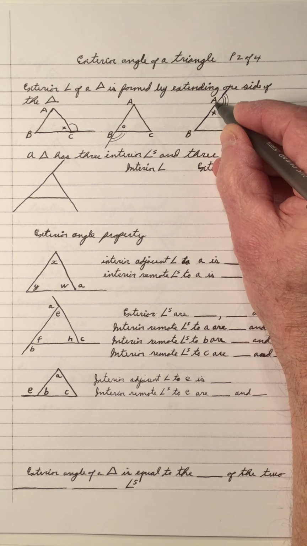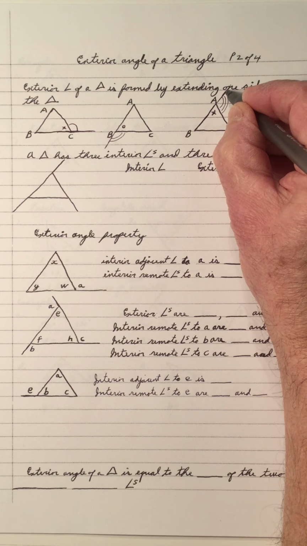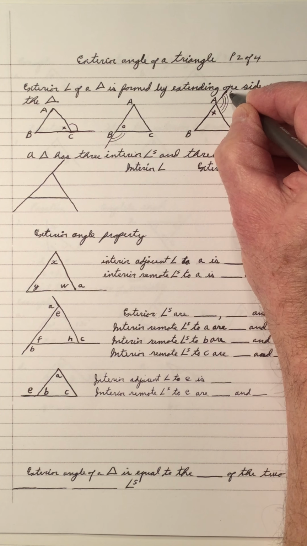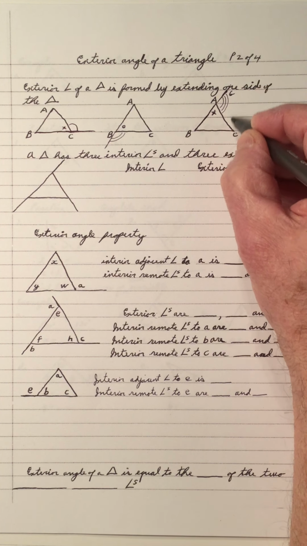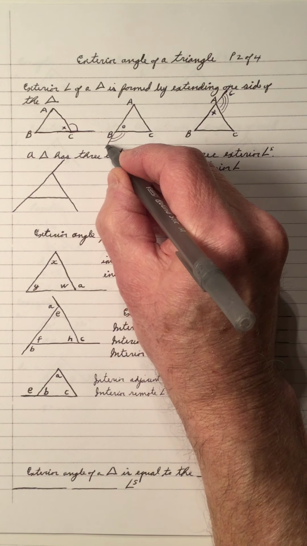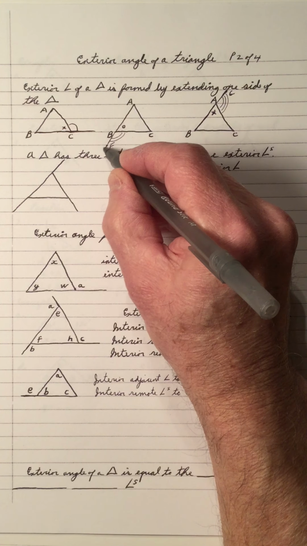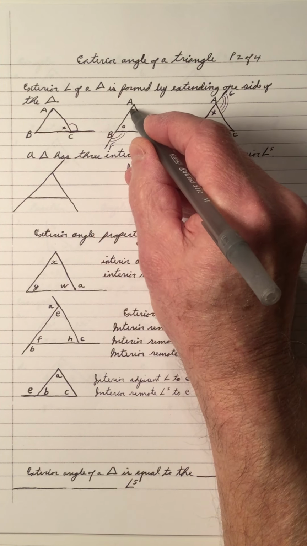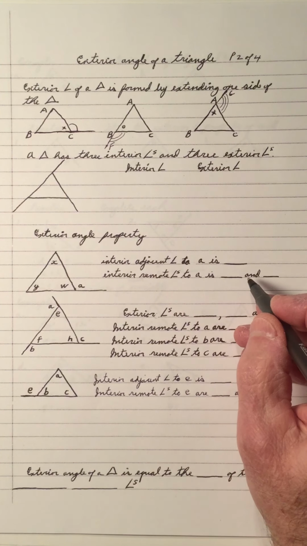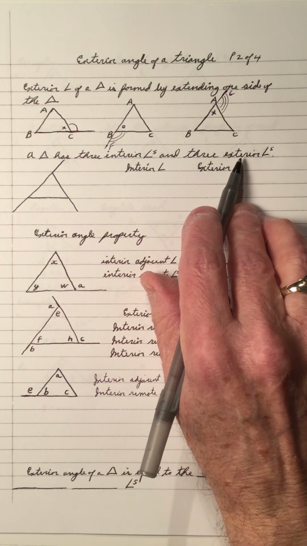So BAC is interior, and if I put a letter G on the exterior, CAG is exterior. And if I put an F on this one, CBF is exterior, and ABC is interior. A triangle has 3 interior angles and 3 exterior angles.